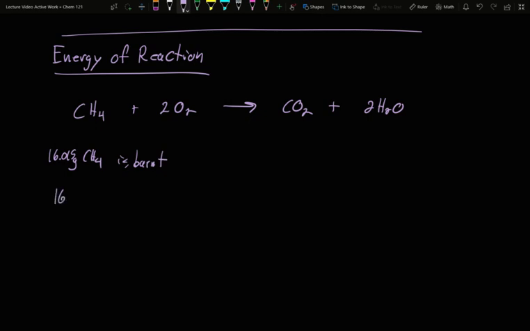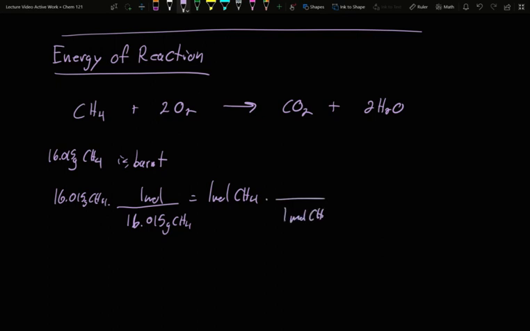I would take my weight of methane and say, well, it's that many. I specifically chose the same amount as a mole. So it's that many grams of methane in 1 mole. So I have 1 mole of methane. I could then say, well, hey, my balanced reaction is 1 mole of methane for every 1 mole of CO2. I could solve my CO2. So that would give me 1 mole of CO2.